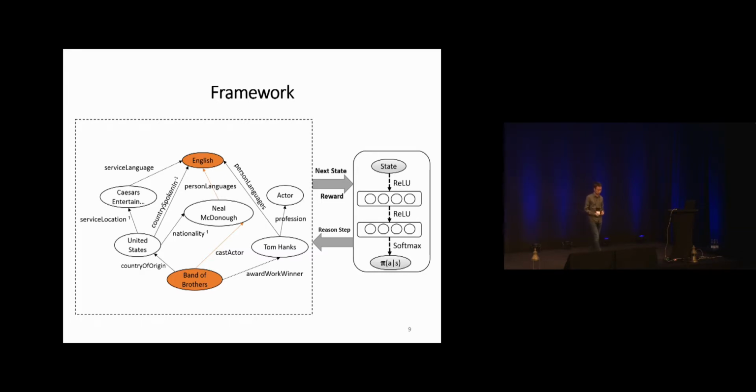For reward functions, we define three kinds. The first thing we want the agent to do is find a path that can reach the target entity. Because there are so many relation links in the knowledge graph, it's really hard to find the right path to the tail entity. So we define a global accuracy reward, which gives a positive reward to the path as long as it can reach the target entity. Based on some prior work, we also observed that longer paths in the knowledge graph turn out to be very noisy and also very computationally expensive to verify during inference.